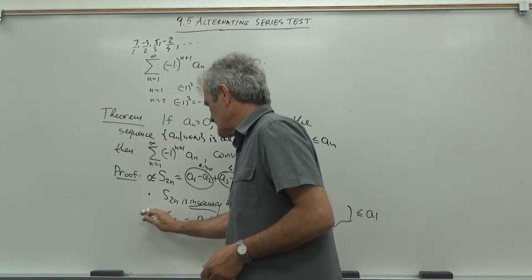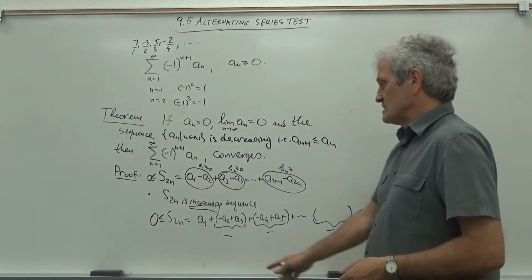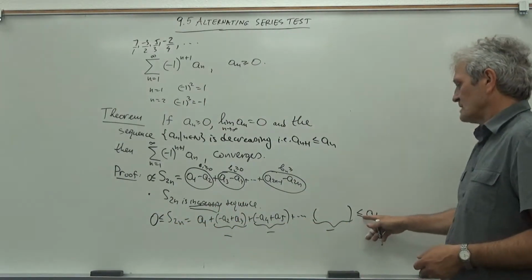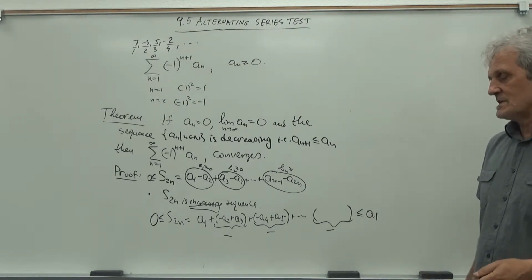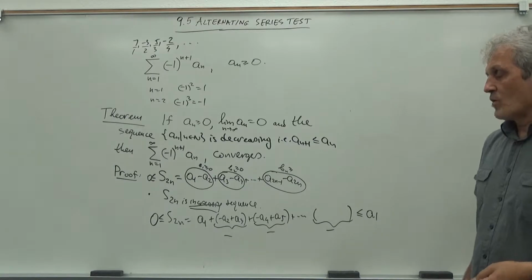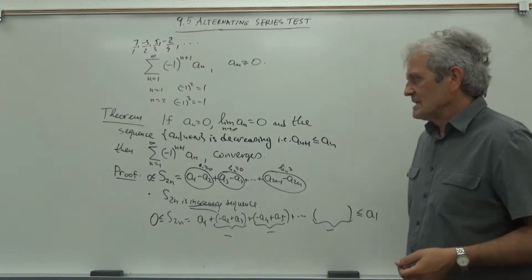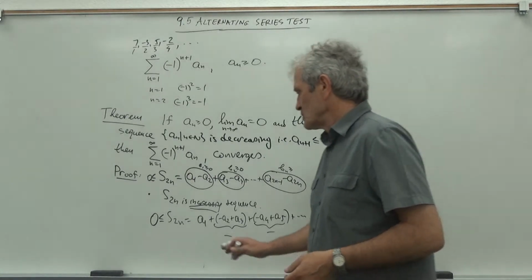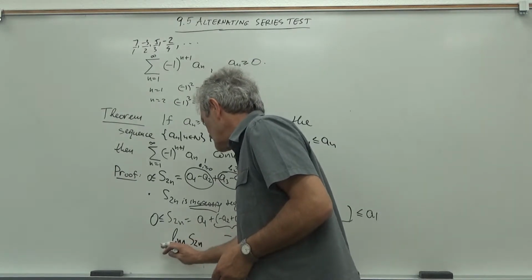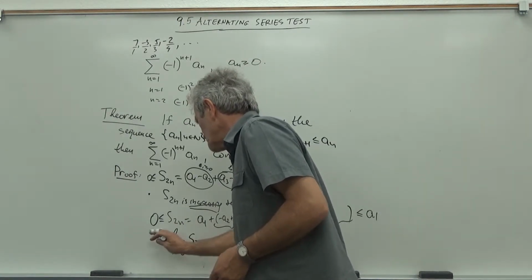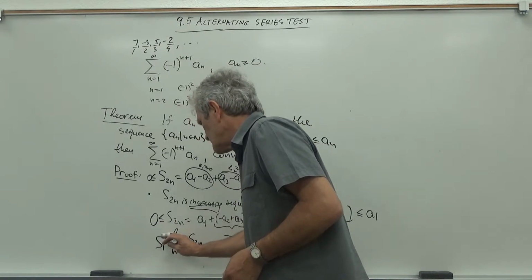So S_2n is increasing and bounded: it's greater than or equal to 0 and less than or equal to a_1. So if a sequence is increasing, or monotone, and bounded, then the limit exists from 9.1. So the limit of S_2n as n goes to infinity, I'll call it S, exists.